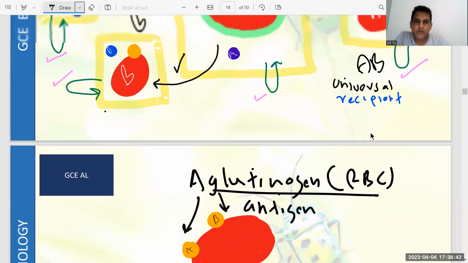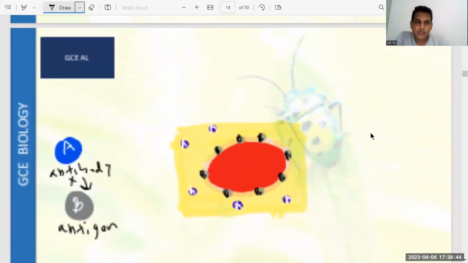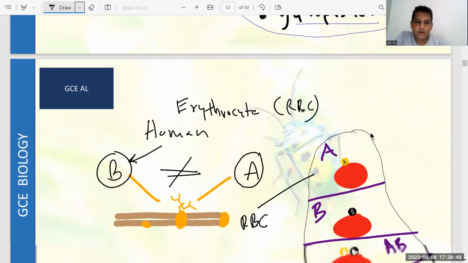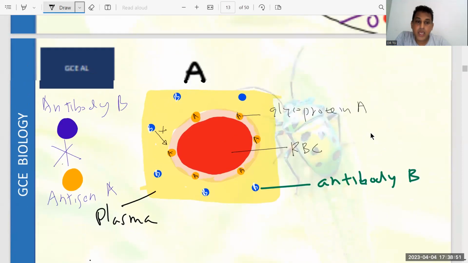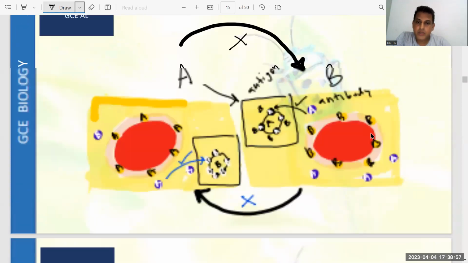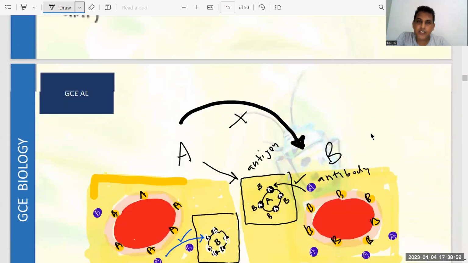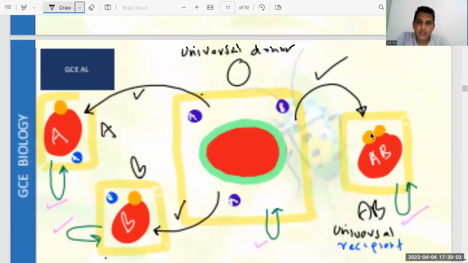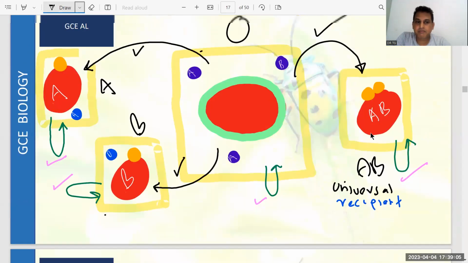Okay, here we have learned now: A has A agglutinogen, B has B agglutinogen, AB has both agglutinogens, A and B, and O has no agglutinogen.